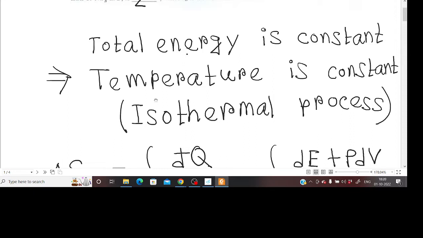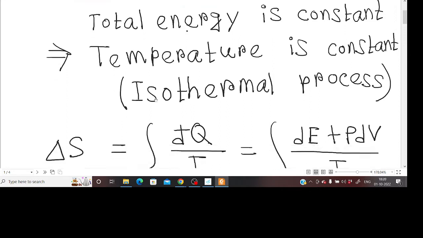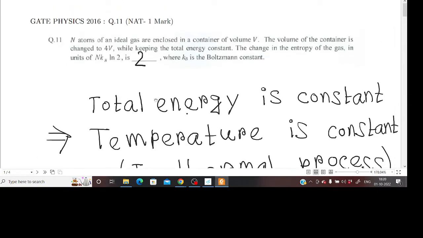But how do you know that the total energy being constant is equivalent to the temperature being constant? Because the energy is 3 by 2 kBT. From the equipartition of energy, you know that per degree of freedom, we have the energy equal to half kBT.